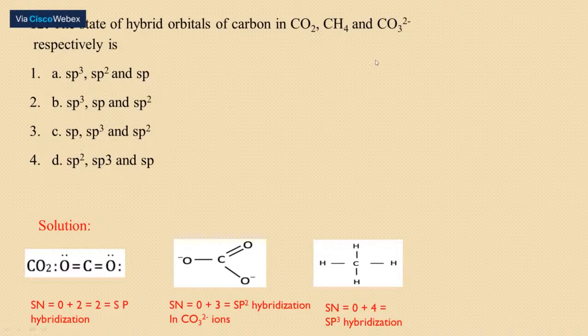We know that carbon dioxide has a linear structure, which indicates sp hybridization. In the carbonate ion, carbon undergoes sp2 hybridization, thereby having a trigonal planar structure. And methane is a well-known molecule, which has a tetrahedral structure, where the carbon undergoes sp3 hybridization.